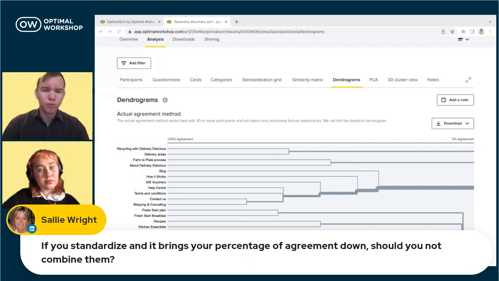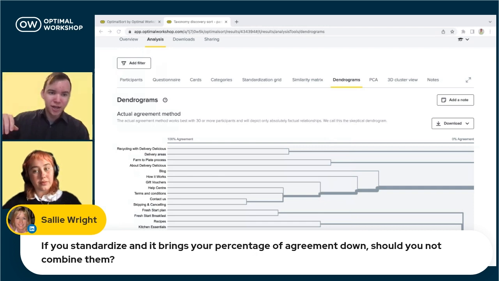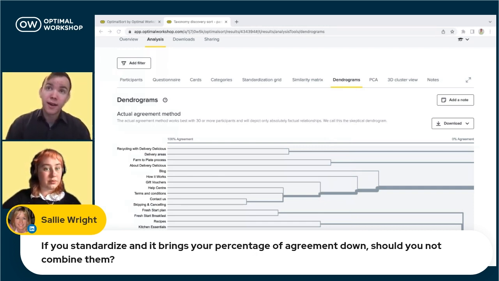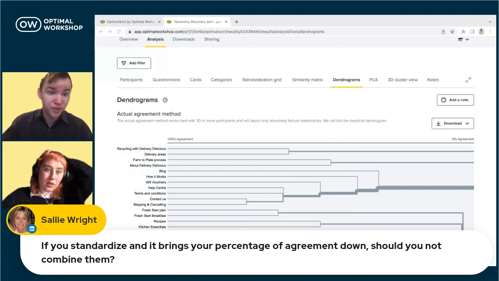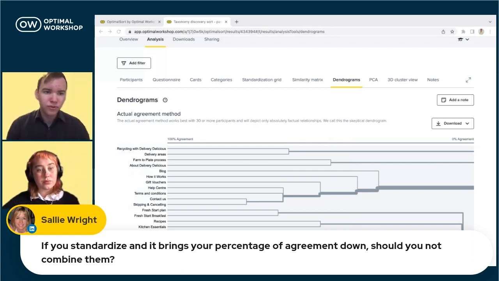But if you're seeing some real outliers in the standardization, you could potentially remove that participant altogether if it seems this person just put every single card into a category and called that category about. That might be a bit of a signal that we should go back into the participants tab and just exclude that participant's response entirely. So there's a little bit of a case-by-case basis to be had there.